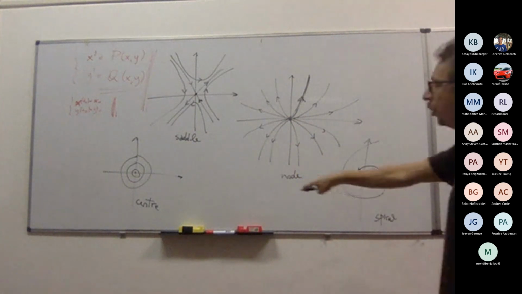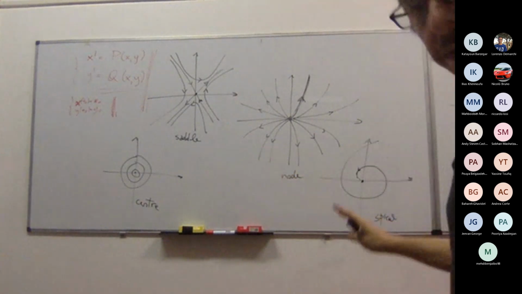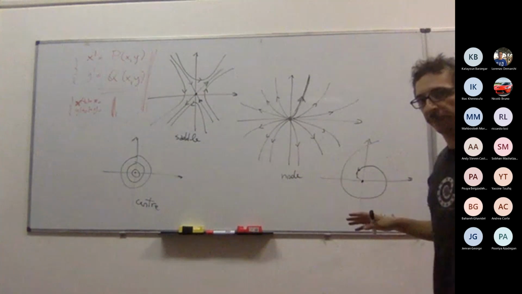Okay, so these are all the possible kinds of critical points that you can find for linear systems.